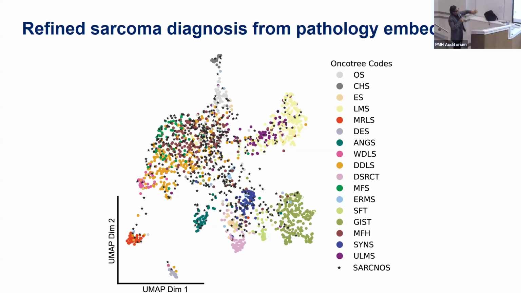So we can take this diagnosis that was originally sarcoma not otherwise specified and put them into much more precise spaces. That's helpful, and we now have a sarcoma pathologist helping us validate this. We've seen in anecdotal cases that, on review, it should have been called the more precise granular subtype that the model is predicting. So for diagnosis, I think there really is potential for refinement in an automated system.